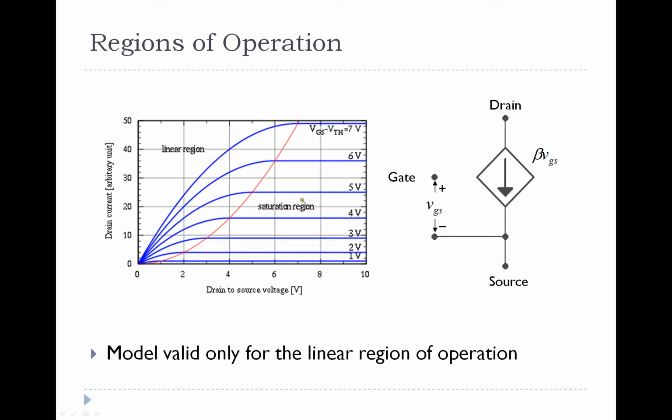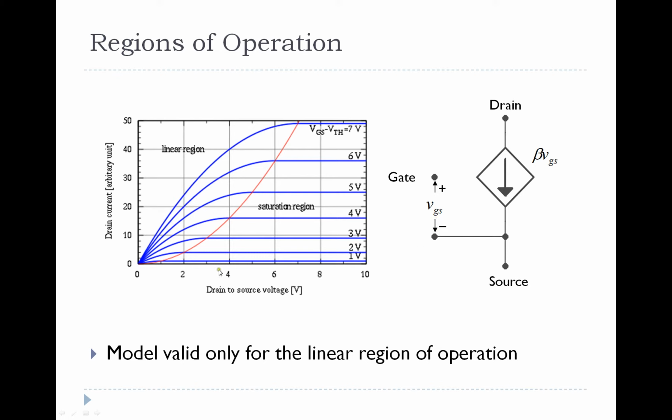Now, the linear region of operation occurs when the drain to source potential is less than the gate to source potential, or the gate to source voltage. And in this mode, we can use the field effect transistor to behave as a variable resistor, where the variable resistance depends upon the voltage applied to the gate and source.